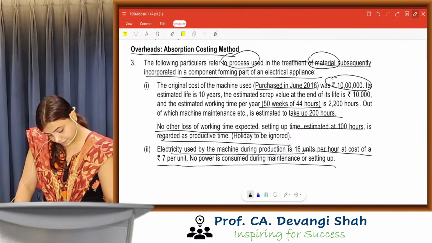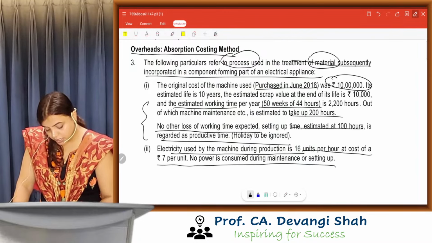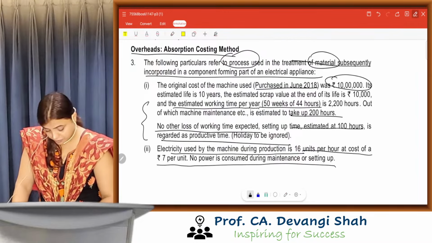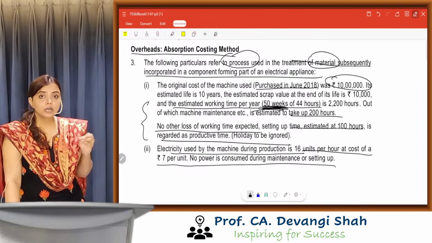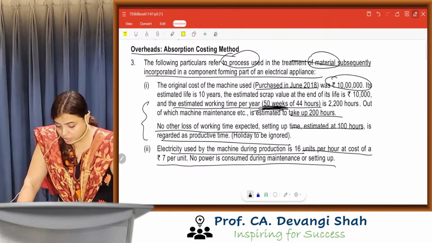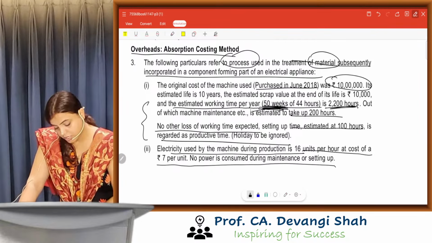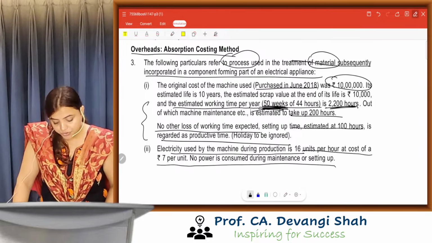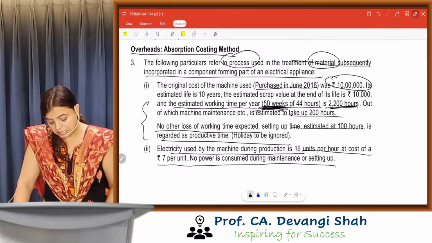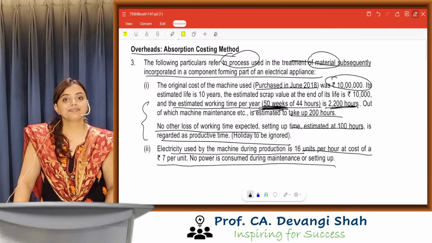In point number 1, the estimated working time per year is 50 weeks, and in every week the machine is going to work for 44 hours. That is total 2200 hours. 50 into 44, 2200 hours, out of which machine maintenance etc. is to take 200 hours.